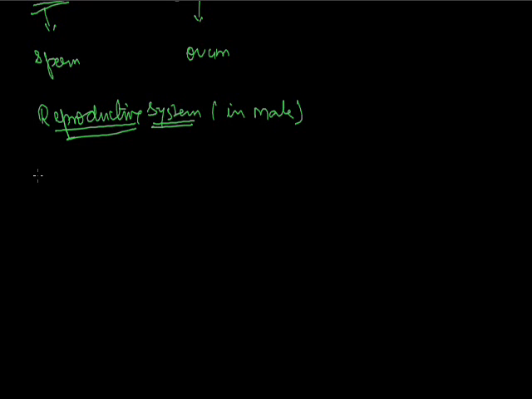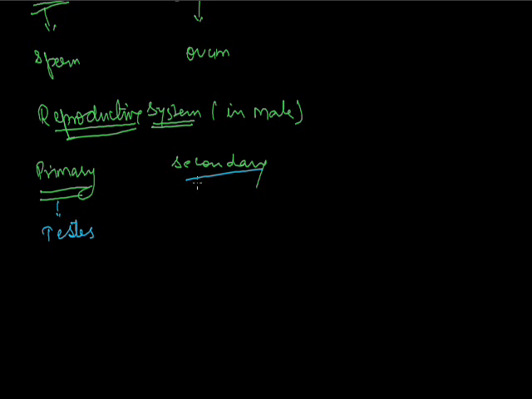In the male, the reproductive system consists of two types of organs, the primary organs and the secondary organs. The primary organ is the organ which is most essential, which necessarily takes part in the formation of the male gamete, and that is the testis.